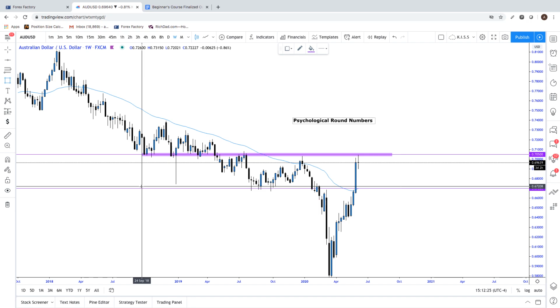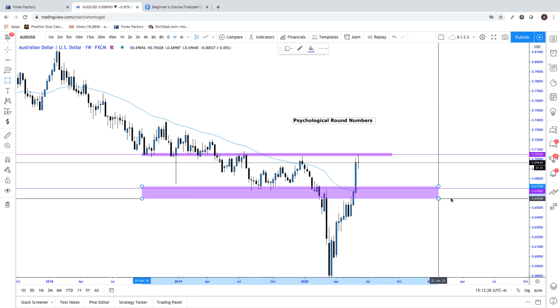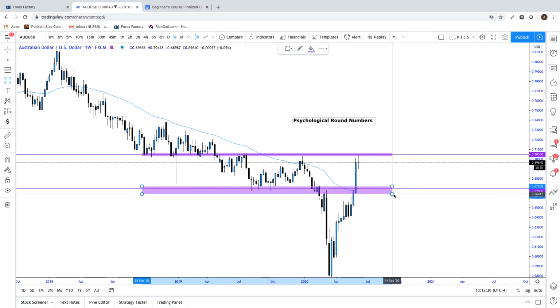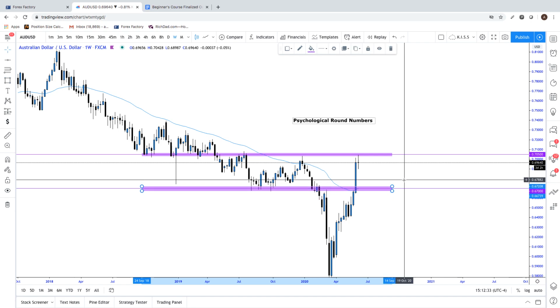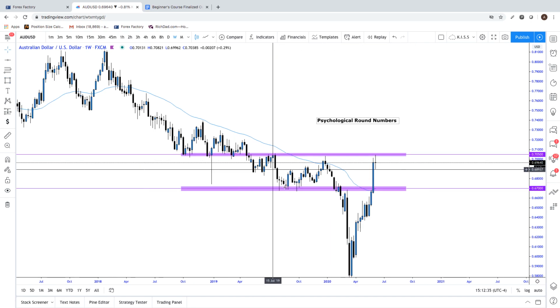This is another area where we've seen higher time frame support and resistance, indicative of bulk orders entering or exiting the market. Remember, this is the weekly time frame we like to look for these things on.